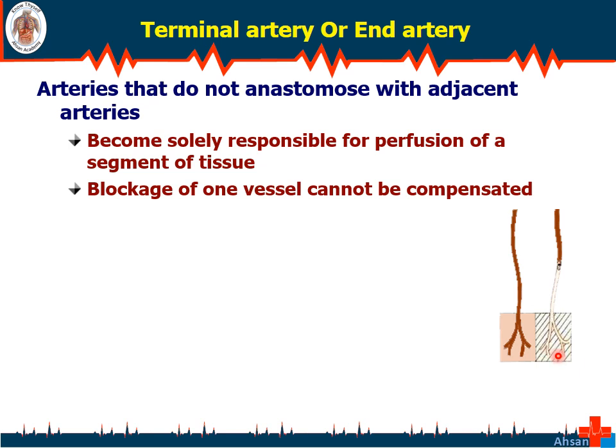It cannot be compensated. This is an end artery. So one area is perfused by a certain type of artery which has no anastomosis, or very minute anastomosis that cannot overcome the blockage condition to establish alternate collateral circulation. This is an end artery. So collateral circulation is not possible.